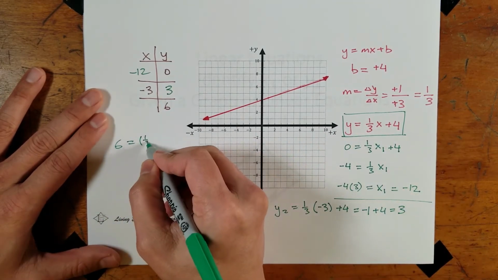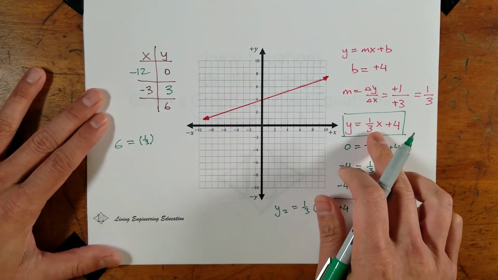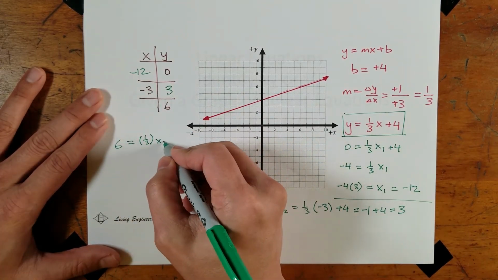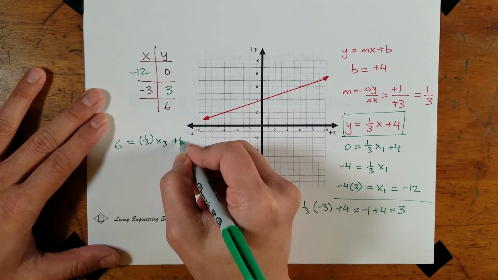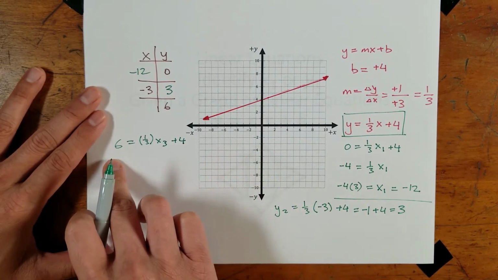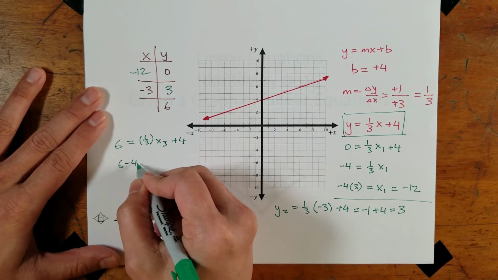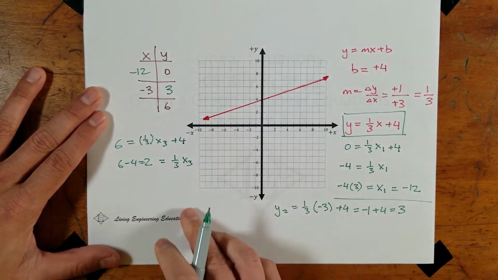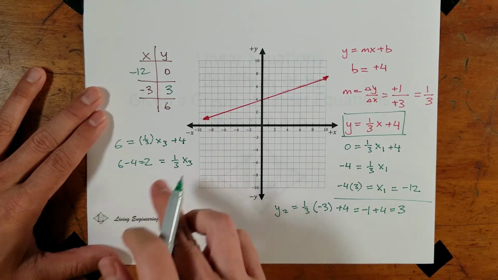And then finally, y3 is given to us as 6. The slope is 1/3 times x3. Right? This is what we're trying to solve for. Plus the y-intercept 4. So I move the 4 over to the left side of the equation. I get 6 minus 4 equals 2, equals 1/3 x3. Then multiply both sides by 3.